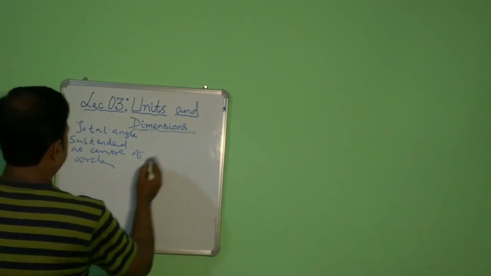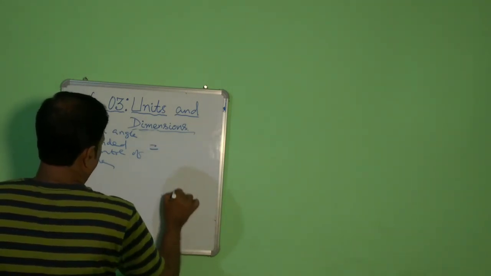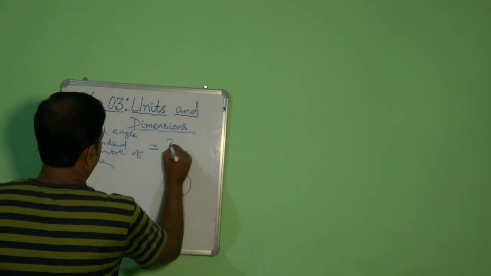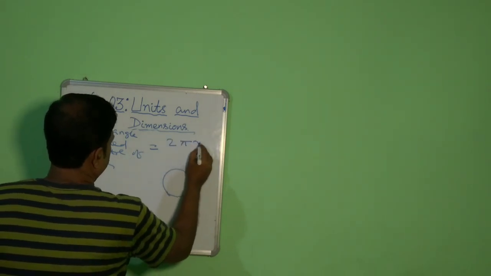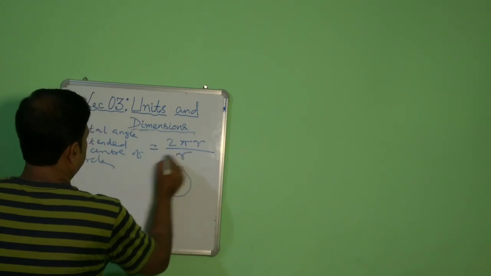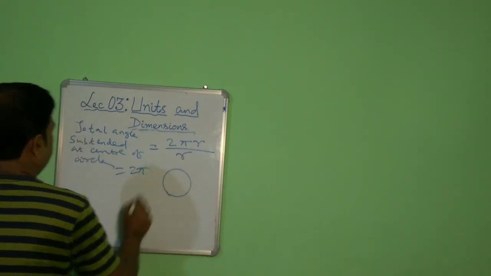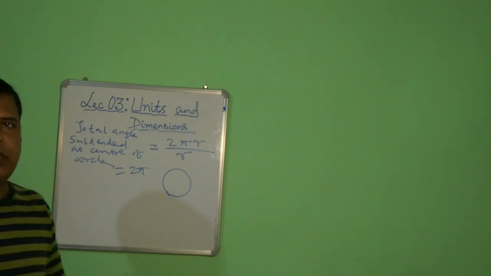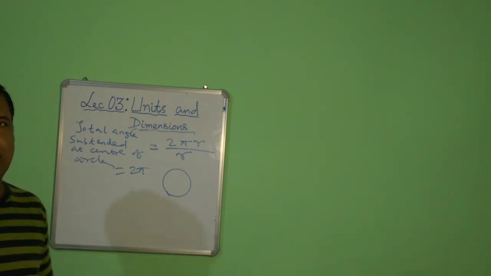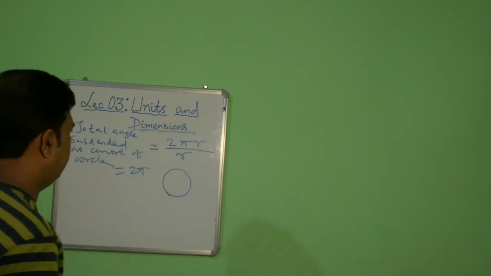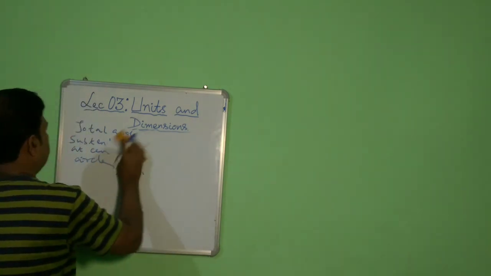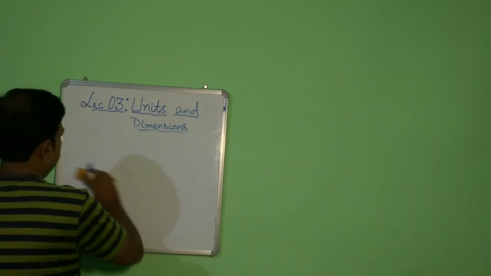We know the total circumference is 2 pi into radius, divided by the radius, that becomes 2 pi. So the total plane angle subtended at the center of a circle becomes 2 pi radian. You know, 2 pi is equal to 360 degrees.